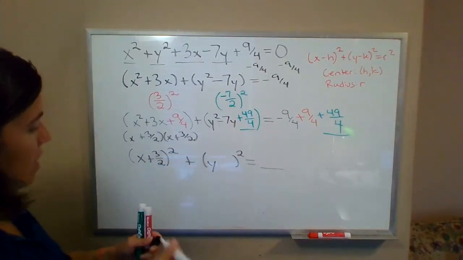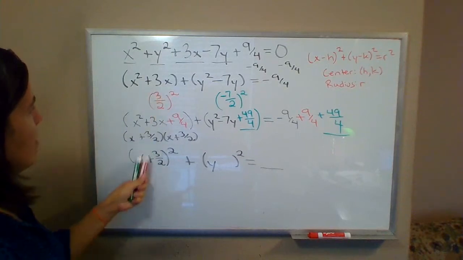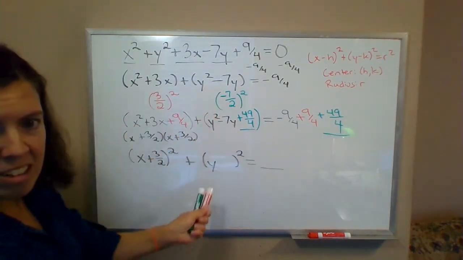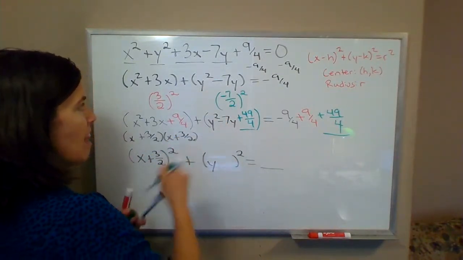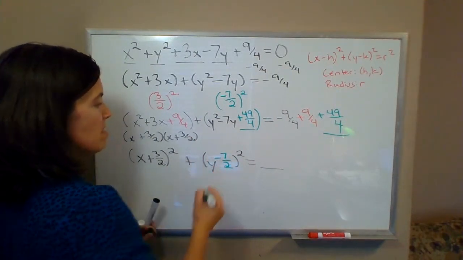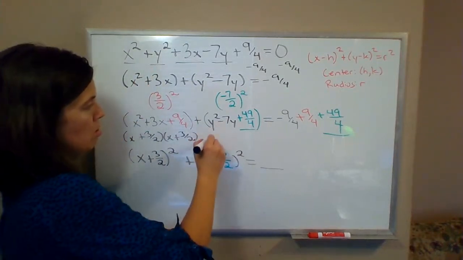Now there is a shortcut. It's always going to happen like this when you complete the square, that it's going to factor as x and then half of this coefficient. So if I apply that same trick here, it's going to be y and then half of this coefficient. That would be, if what I'm saying to you is true, -7/2. And let's test that out.